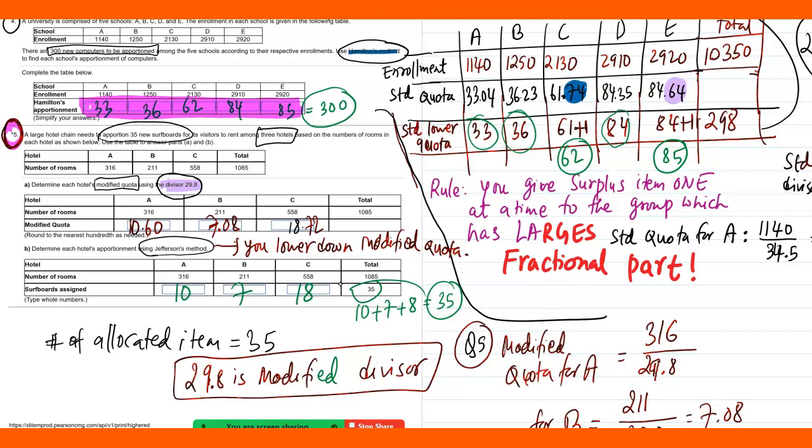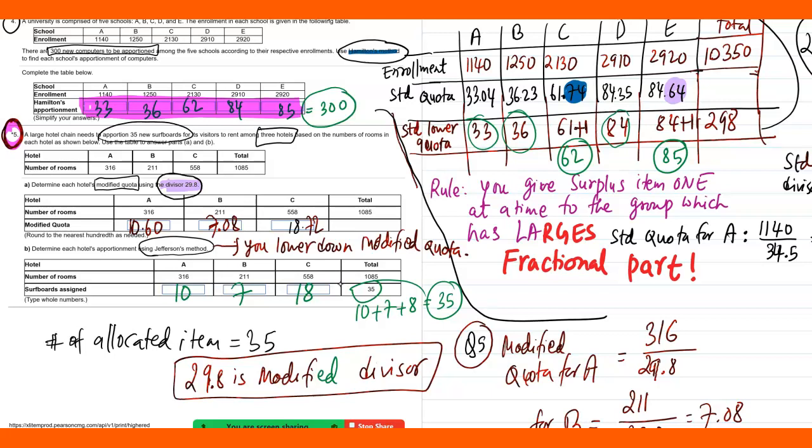There is no surplus in Jefferson or Webster or Adams, unlike Hamilton. Only Hamilton has surplus. But if you use the Jefferson method, if you use modified divisor, no surplus. Exactly, the apportionment is going to be divided among the group evenly. Therefore, no surplus is going to be there.